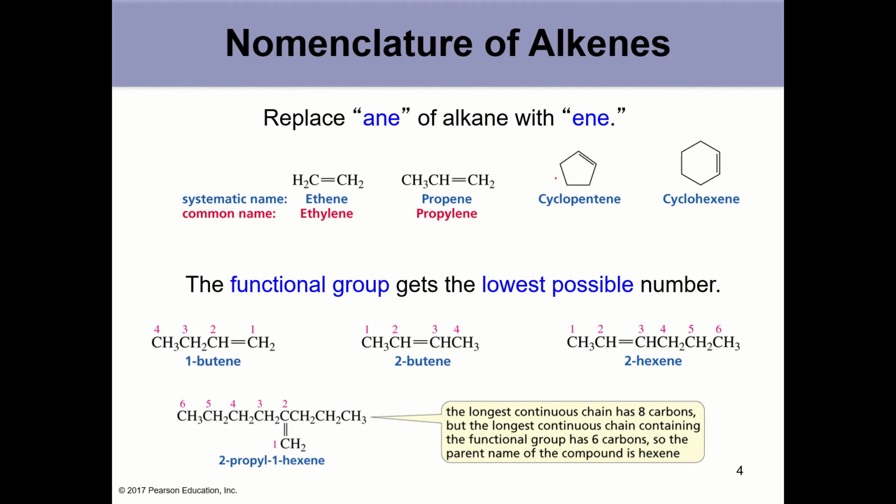For a 3-carbon alkene, we have 1-propene or propene. For a 5-carbon cyclic alkene, we have cyclopentene, and the carbon 1 is always one of the pi bond carbons. We also have cyclohexene for the 6-carbon cyclic alkene that has 1 pi bond.